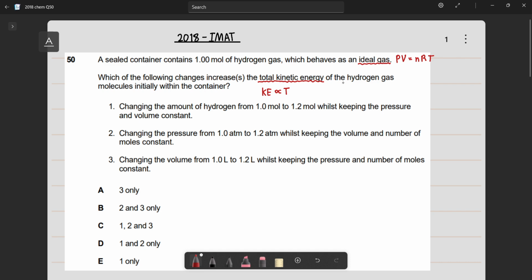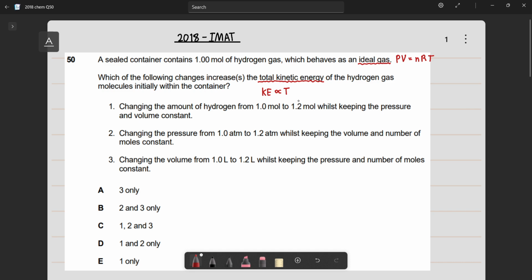For the same temperature, all gases, regardless of their identity, their molar mass, or the number of protons, have the same kinetic energy. So it mainly depends on temperature, and the molar mass or type of gas molecule does not affect kinetic energy.